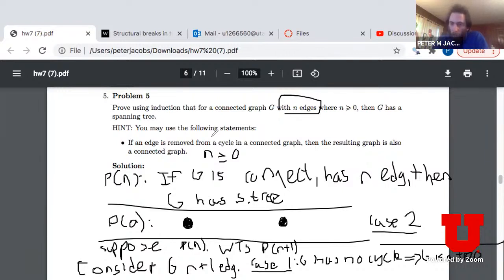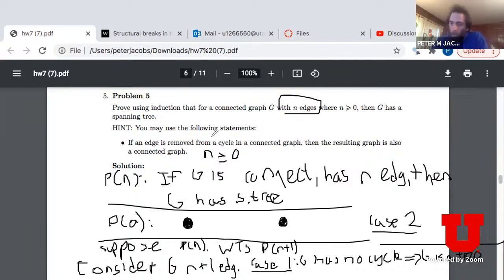We remove the edge, and now we have a new graph, G prime, which has one less edge, and it has n edges. Well, our inductive hypothesis says that if G is connected and has n edges, then G has a spanning tree. So G prime has n edges, and by the hint, G prime is connected, and so by the inductive hypothesis Pn, G prime has a spanning tree.